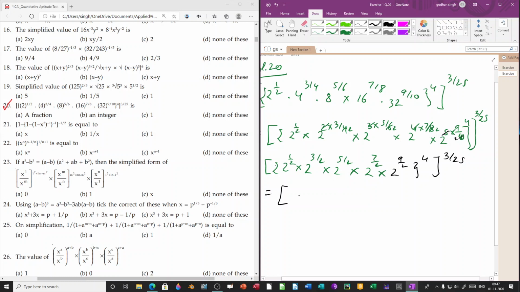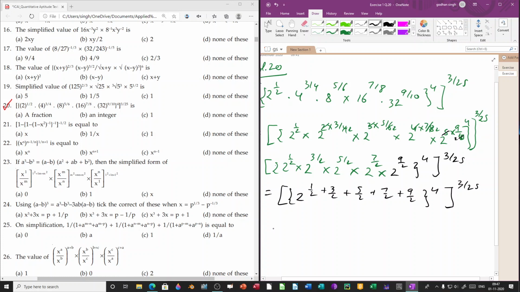So equal to 2 raised to the power of {1/2 + 3/2 + 5/2 + 7/2 + 9/2}, and this curly bracket will be closed, and outside the power is 4, and then we have the square bracket with 3/25 as the power.